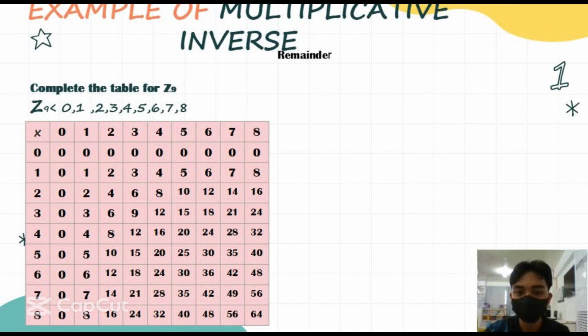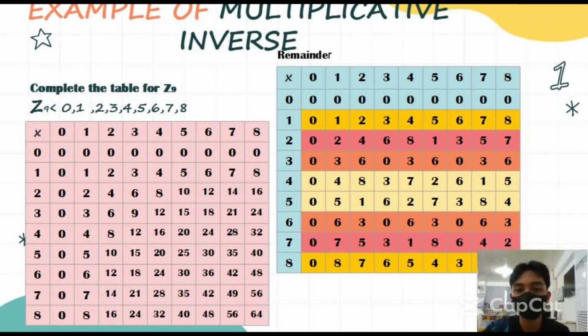So next table is to find the remainder. To find the remainder when we are multiplying two numbers, we got these remainders. So 0 times 0 is 0, 0 times 1 is 0, or 0 mod 9 is 0. The same po diri ang mga numbers. Times man nato siya sa 0 kani mga numbers, pag i-times sa 0, automatically ang iyang answer kay 0.